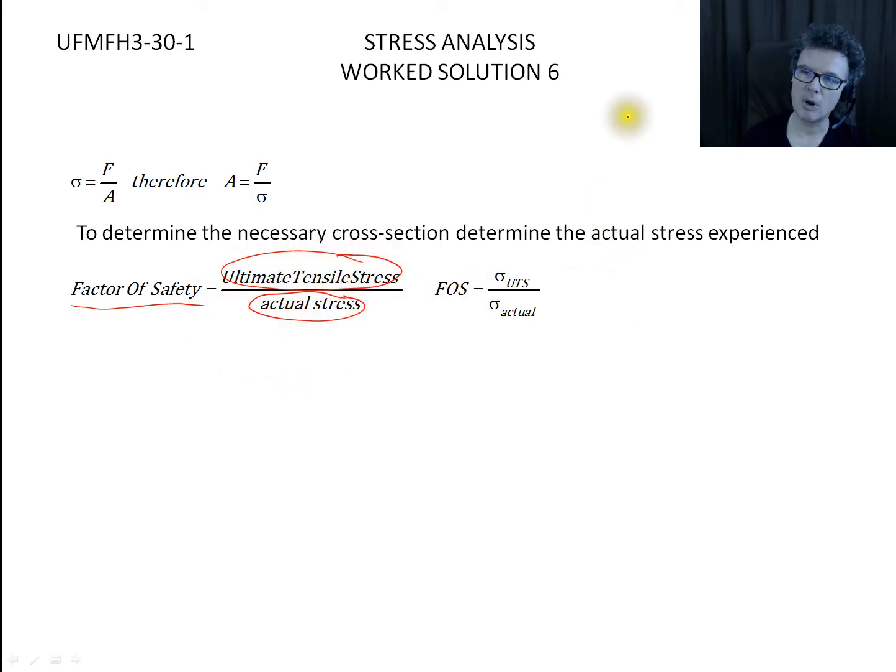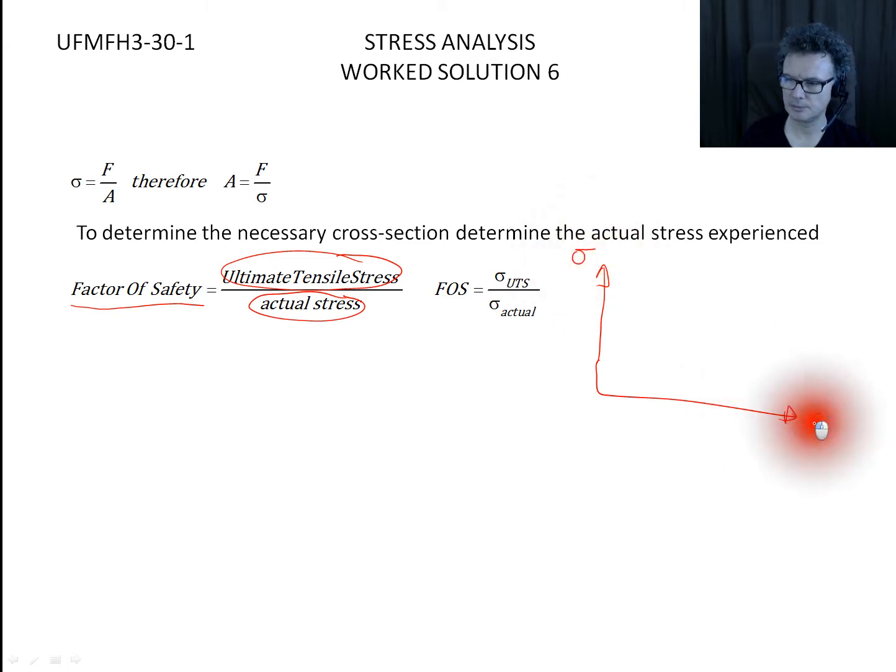So if you imagine that you need to do a stress strain plot, and stress strain plots will go nice and straight up to roughly where the yield strength is, so that's YS, and then they go up and they kind of curve around, and the peak, so that's higher stress that the beam can actually take, and that is the UTS, the ultimate tensile stress, also known as the ultimate tensile strength. Okay, so that's the highest value that I can have.